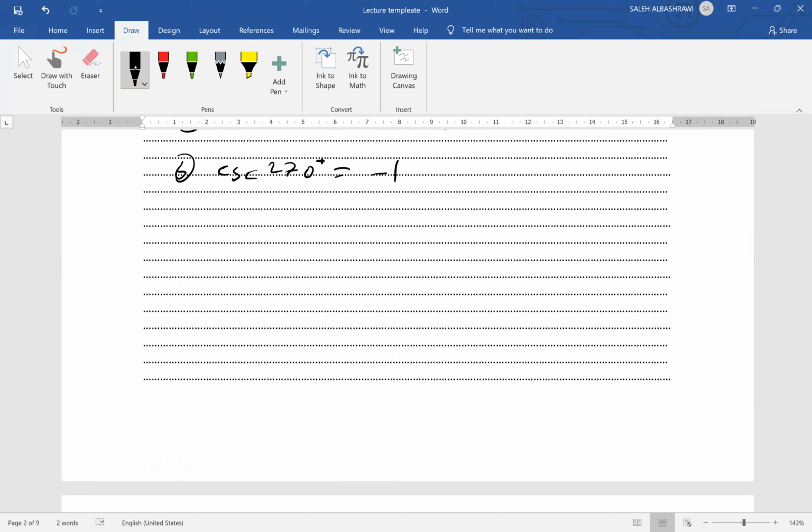Again, let's think about it: the quadrantal angles are those angles with the terminal side lying on one of the axes, either the y-axis or the x-axis.